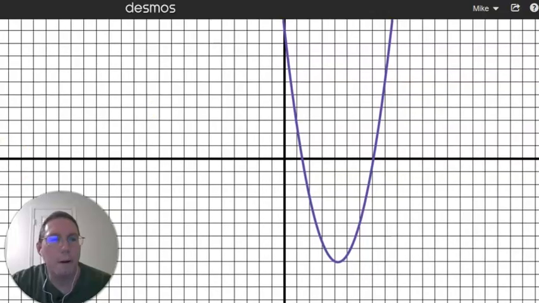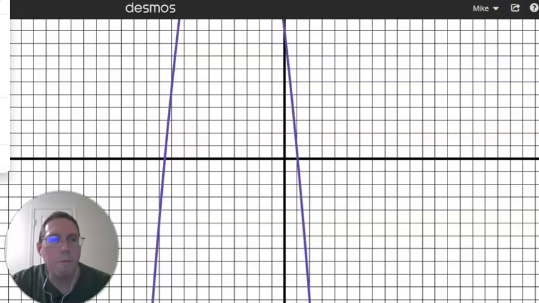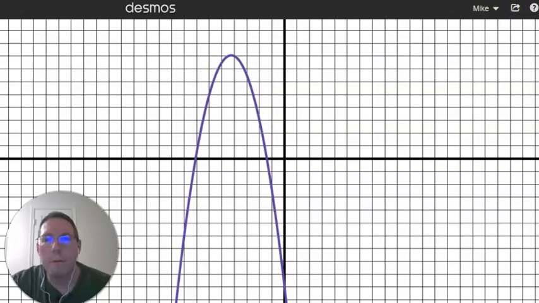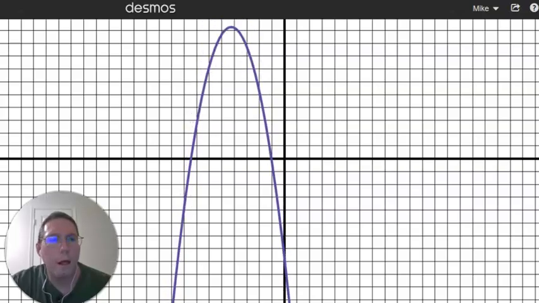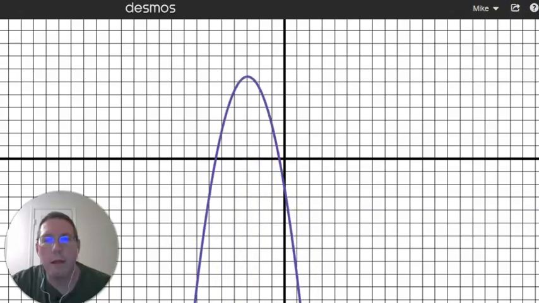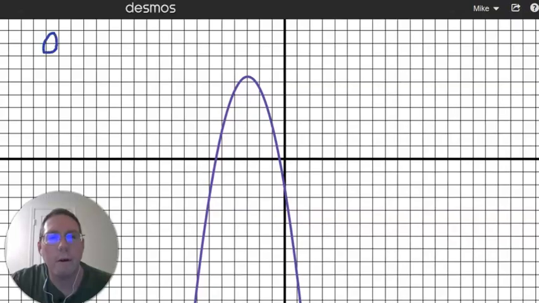If we were to flip it upside down, this, whoops, hang on a second, let's change the shape of that. Let's bring this down a little bit. And let's do this. There we go. This, where it's down like a frown, this one is the quadratic, but it's negative.